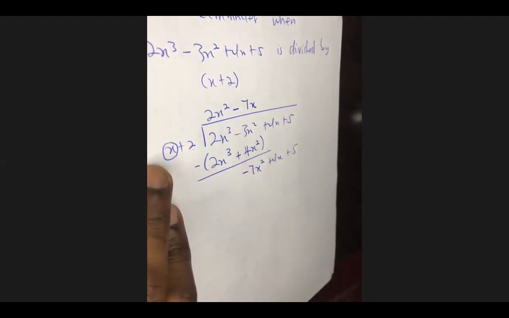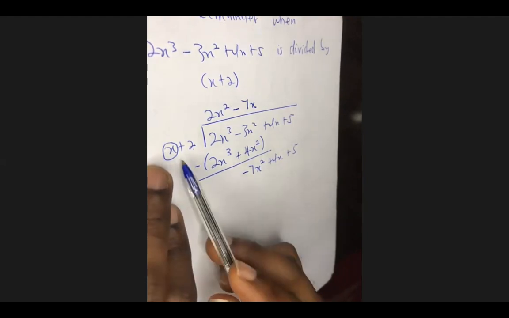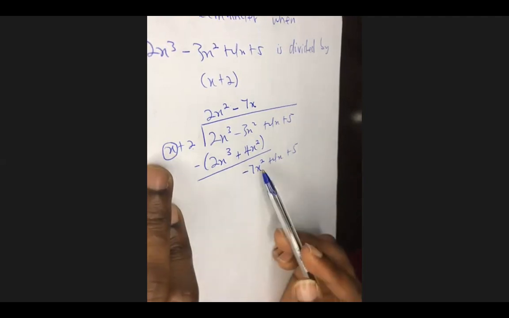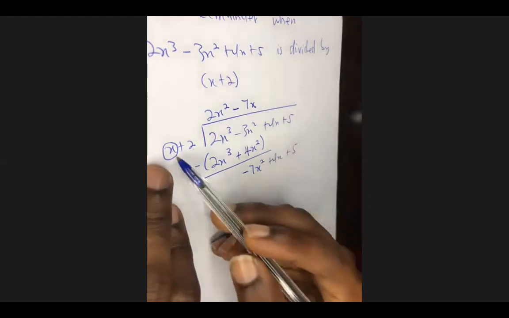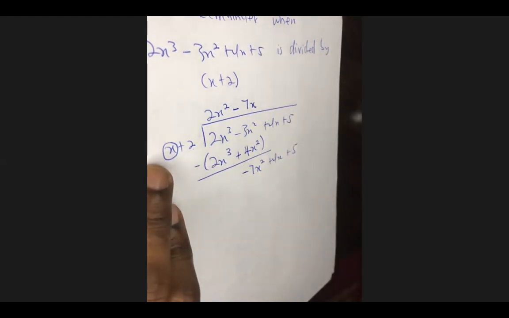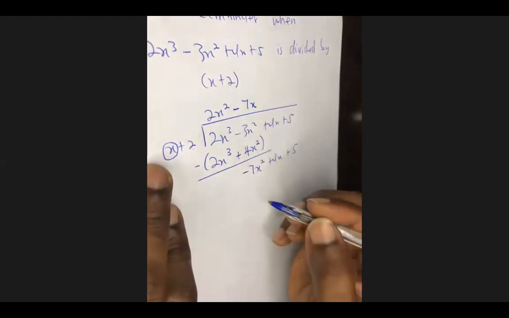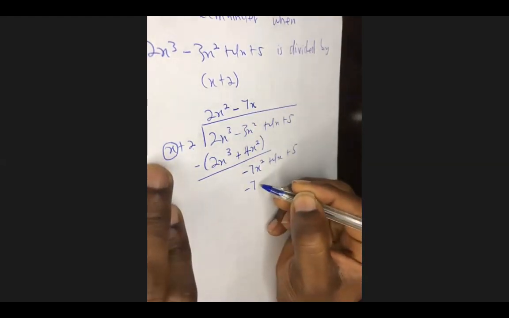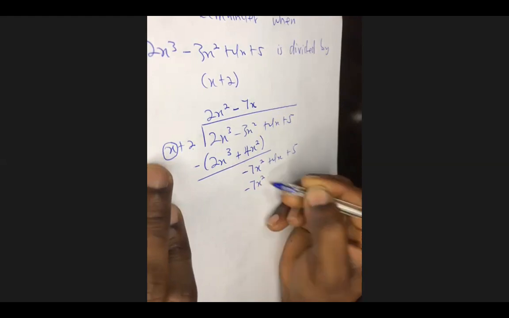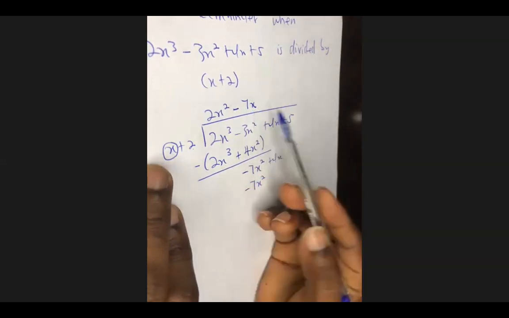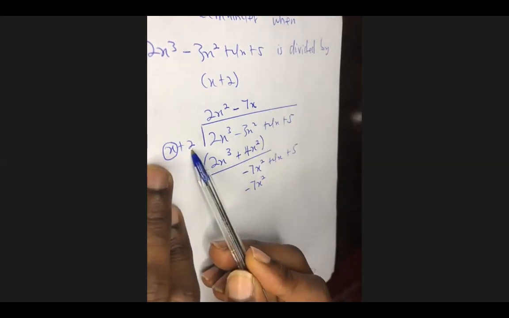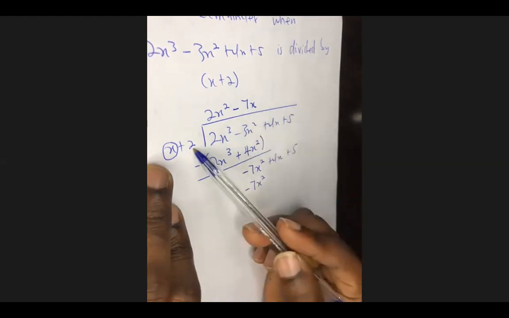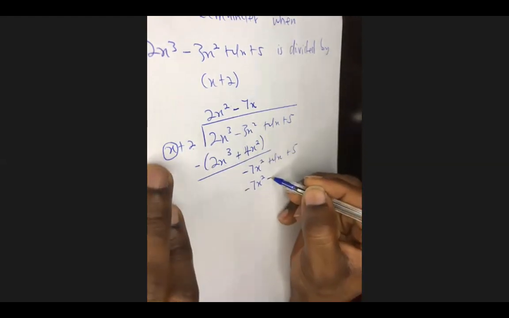Now I multiply through by the minus 7x. Negative 7x times x gives me negative 7x squared. Now, negative 7x times positive 2, negative 7 times positive 2, I have negative 14x.